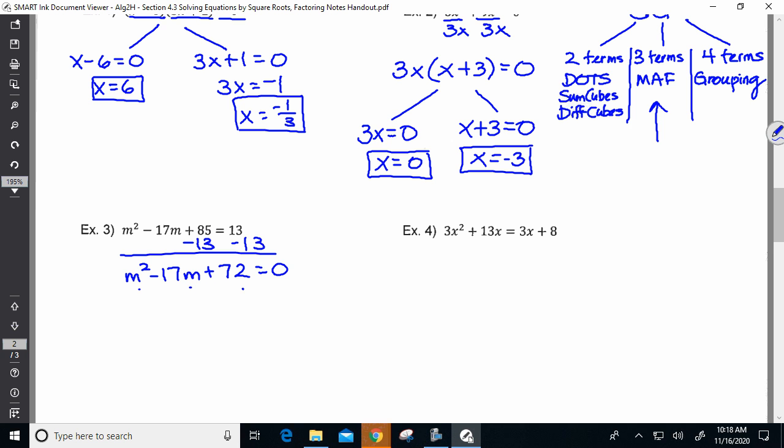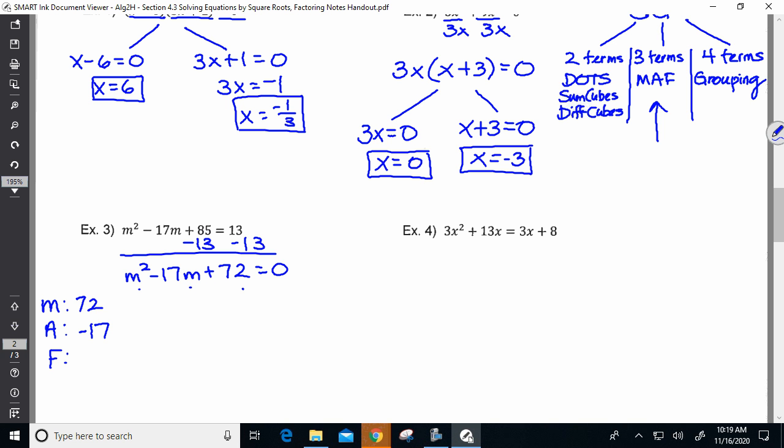So we turn to good old MAF. To get the M, you multiply the first and the last terms together. That's 72. The A is just the middle term. So we need 2 numbers that multiply to 72 and add to negative 17.